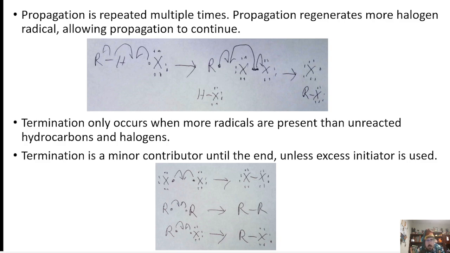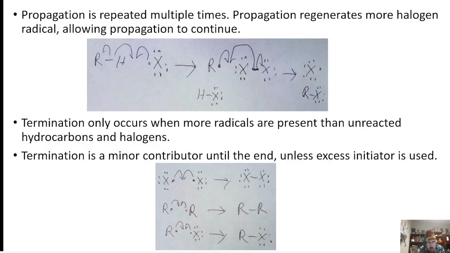Now the propagation is then repeated multiple times. It's a 2-step propagation, but it gets us back to our starting material. This regenerates more halogen radical, which then allows propagation to continue. That's why it's a chain. So step 1 is we have some sort of alkane with a hydrogen attached.